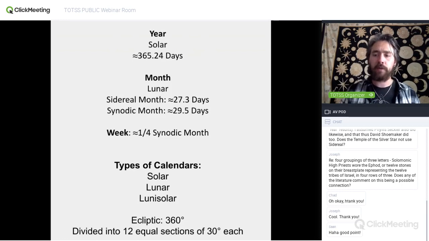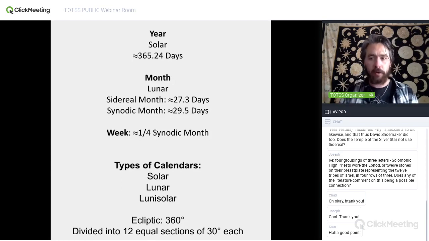So 12 lunar months is off from the solar year by about 11 days. So what that means is that if you use a purely lunar calendar, your lunar months are going to drift back. They'll start approximately 11 days earlier each year. And so this happens with the Muslim calendar. It just processes around the year, each month starting relative to the solar cycle 11 days earlier each year.